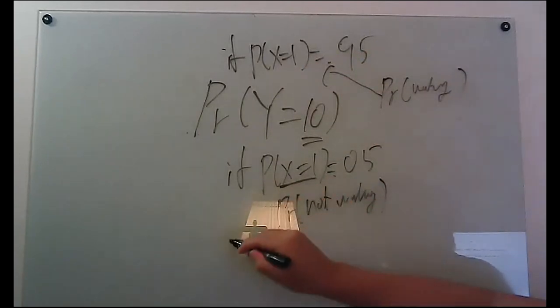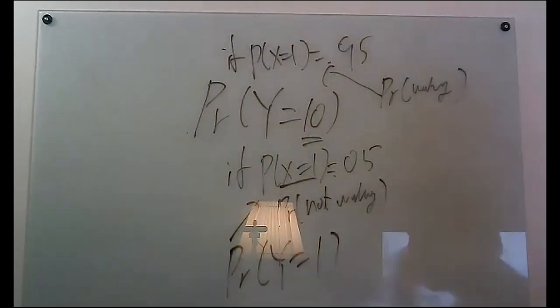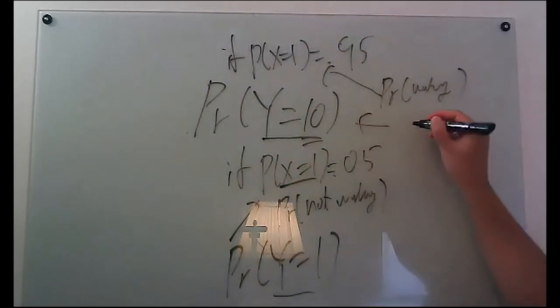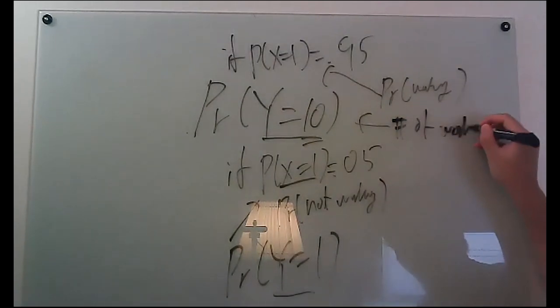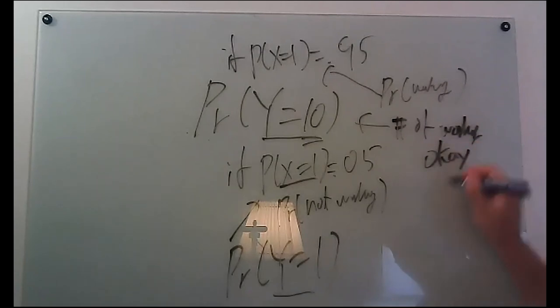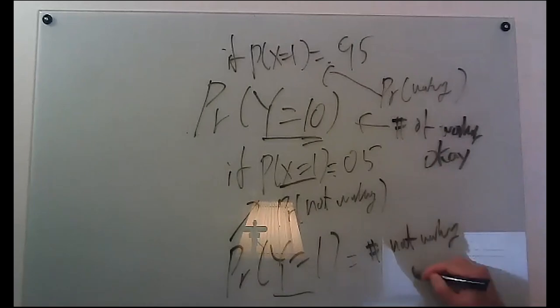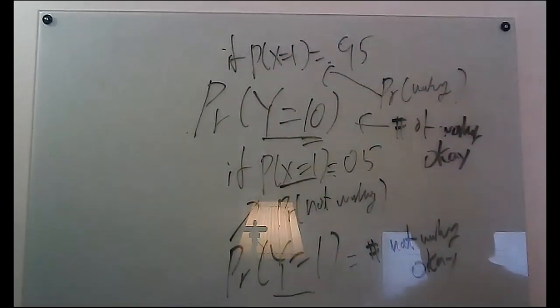If this is the case, then you are looking for the probability of Y equals 1, because you are looking for the probability that Y, the number of headsets not working, equals 1. Here Y equals 10 is the number of headsets working well, and this one is the number not working. Both give you exactly the same answer. You can try.